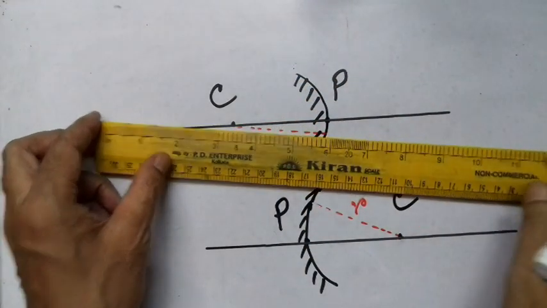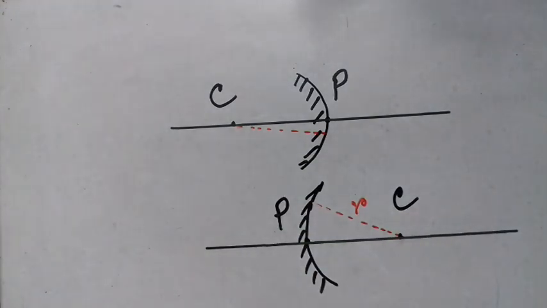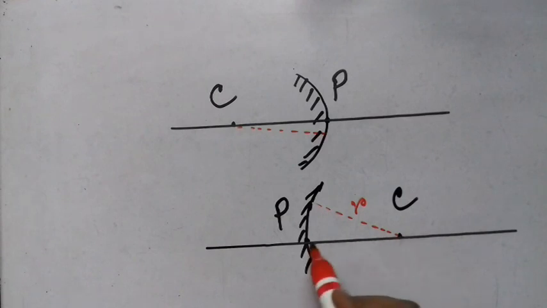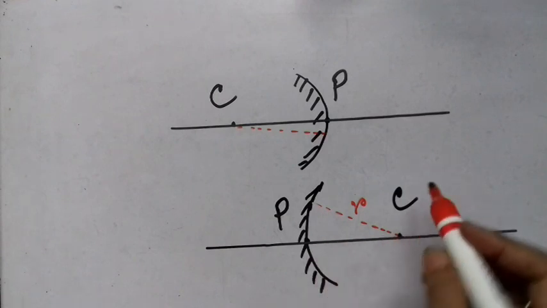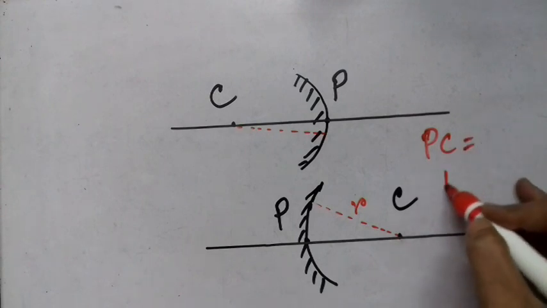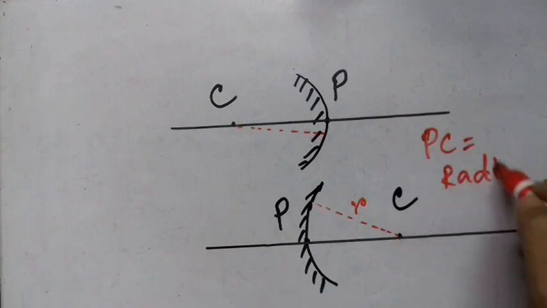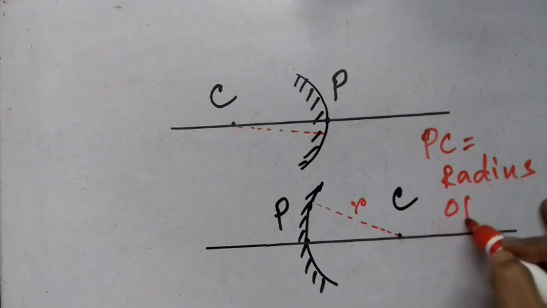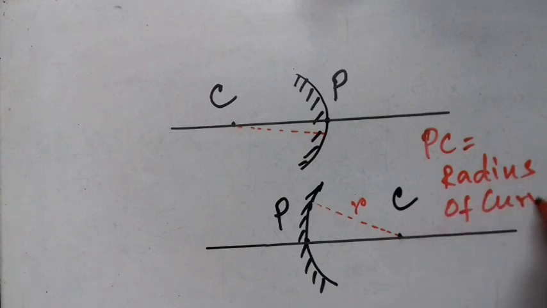This distance PC is also the radius of curvature.